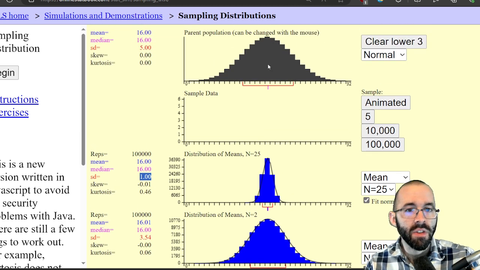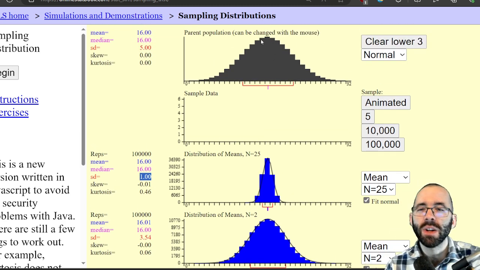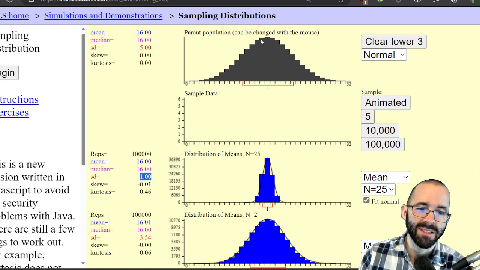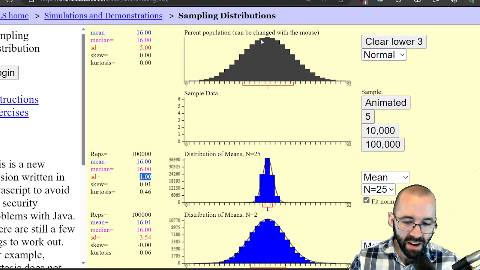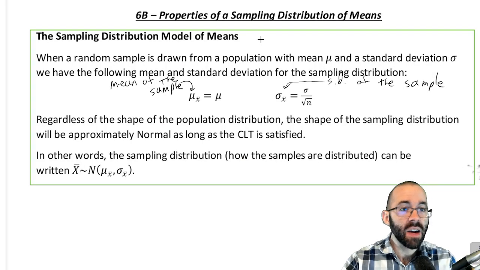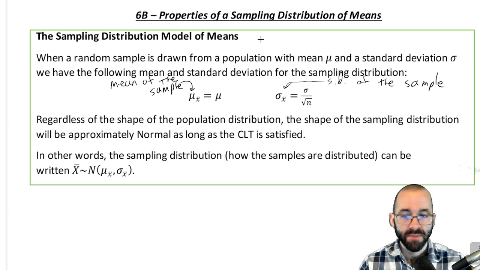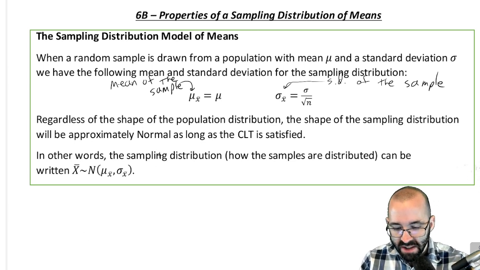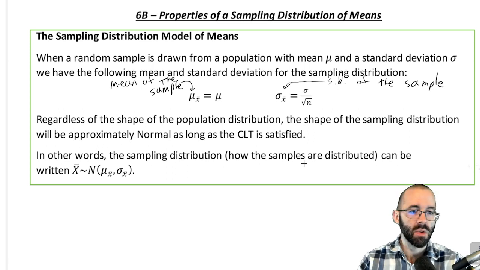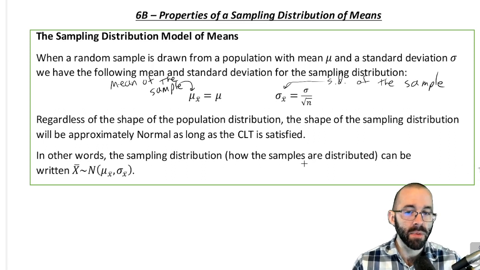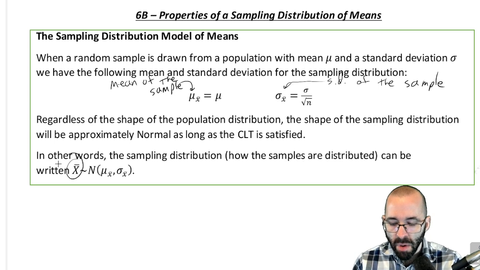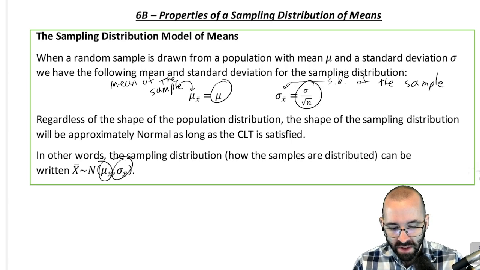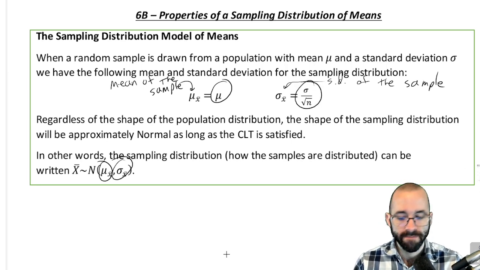In real life, a 19-pound watermelon is much more normal. That's how we can model these averages. Another way of writing it is the sampling distribution, which is how the sample means are distributed: what the randomness looks like for taking a sample mean. X bar, our sample mean, will be normally distributed with this mean and this standard deviation.